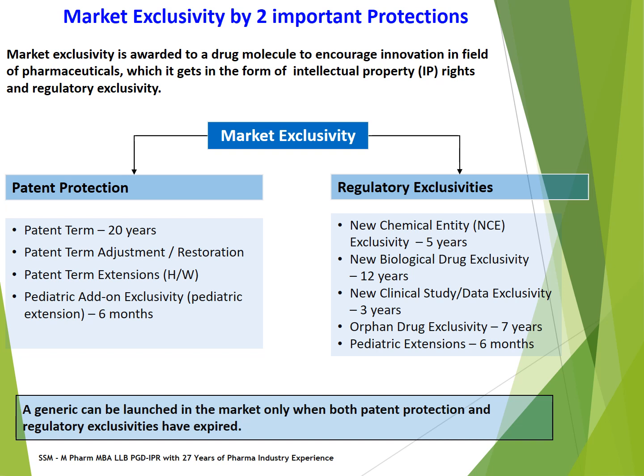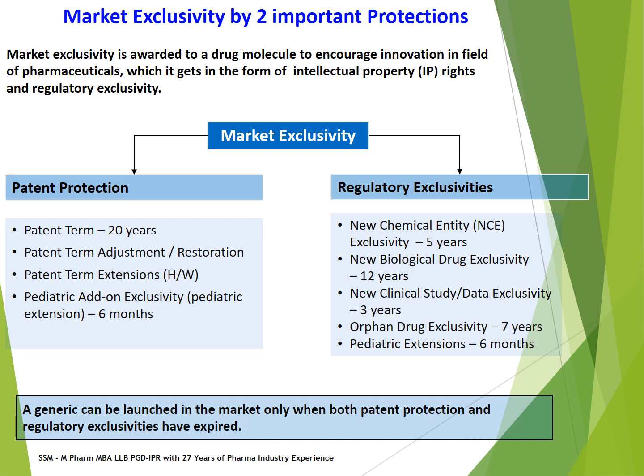The money and resources required for developing a biological drug are much more than for developing a chemical drug. So that's why the exclusivity for new biological drug is longer, 12 years, as compared to exclusivity for NCE or chemical drug, which is for 5 years.